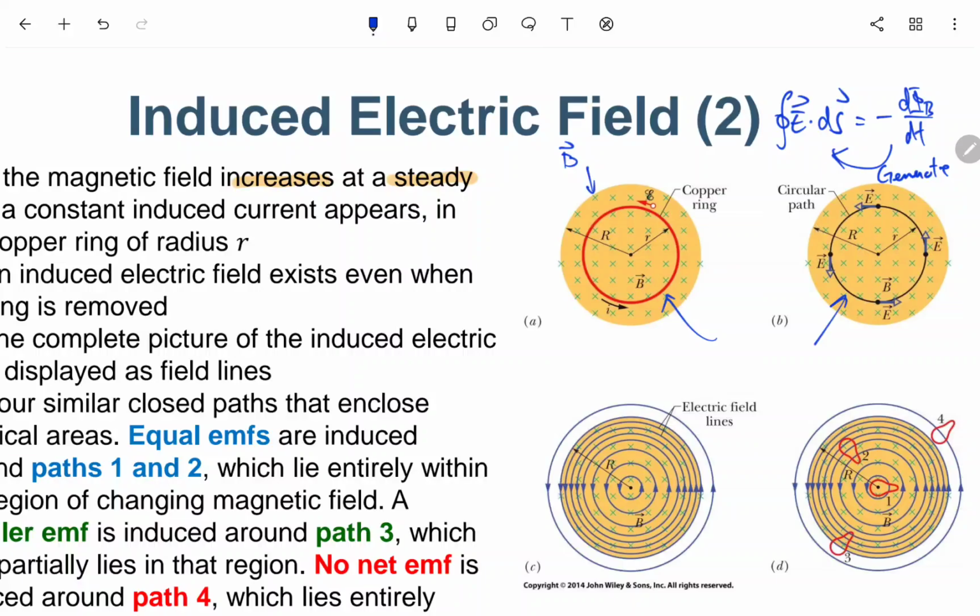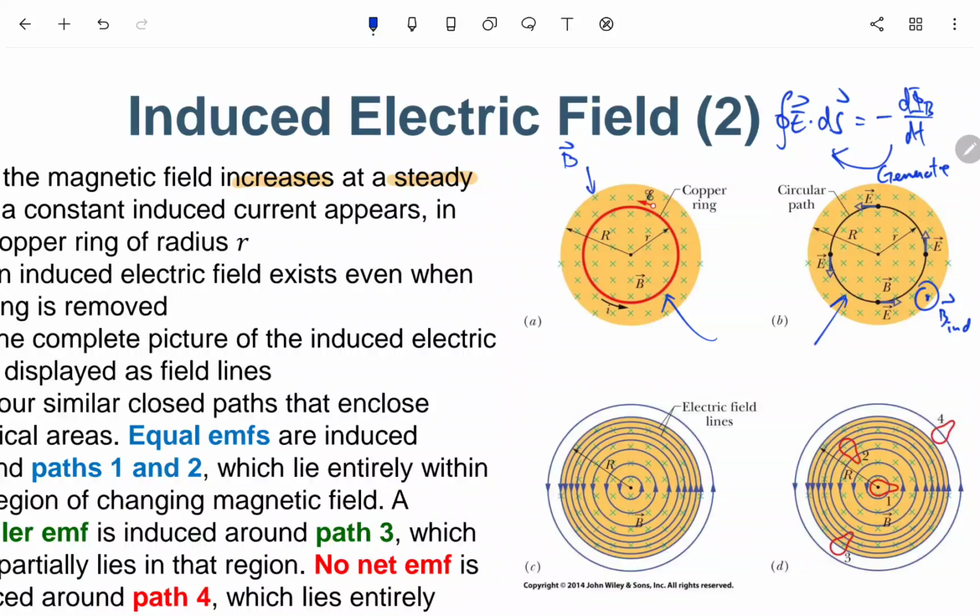According to Lenz's law, you can easily know why it would be like that. Originally the B field is pointing into the page and it is increasing, so according to Lenz's law, the generated B field should be pointing out of the page to offset this change. So the B induced should be pointing upward.